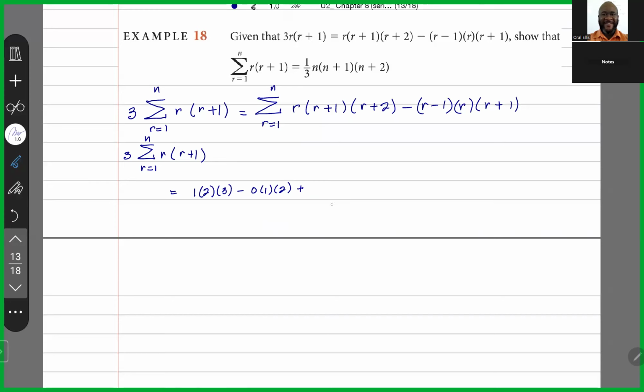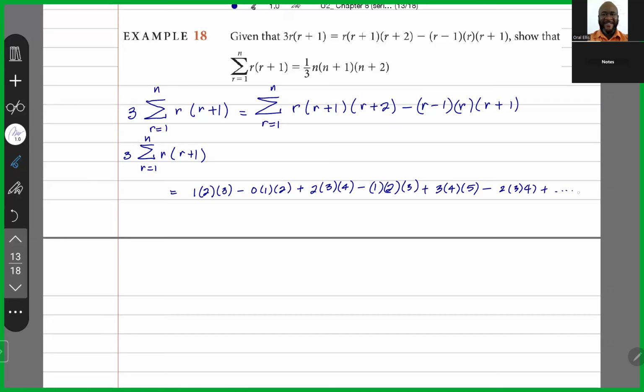Plus, when r is now 2, we have 2 times 3 times 4 minus 1 times 2 times 3. When r is 3, we have 3 times 4 times 5 minus 2 times 3 times 4.